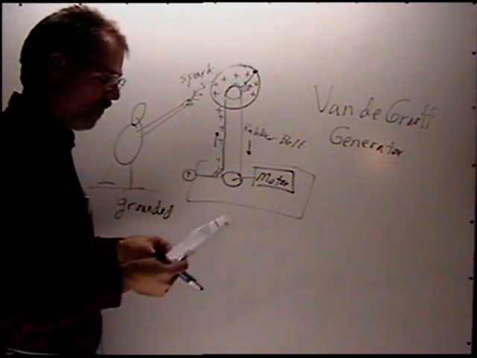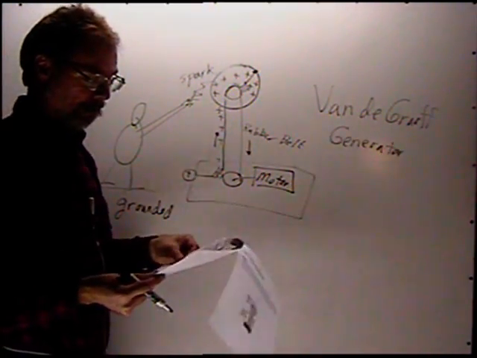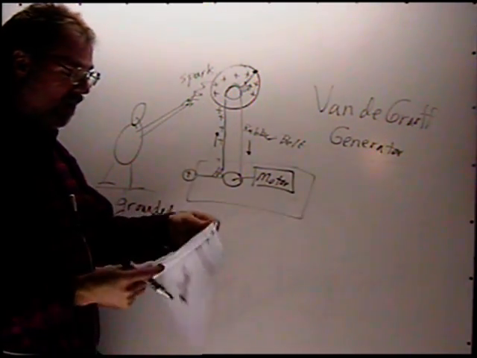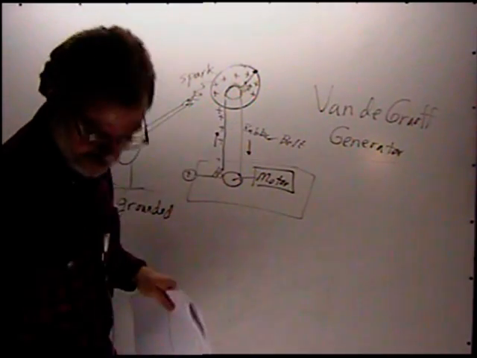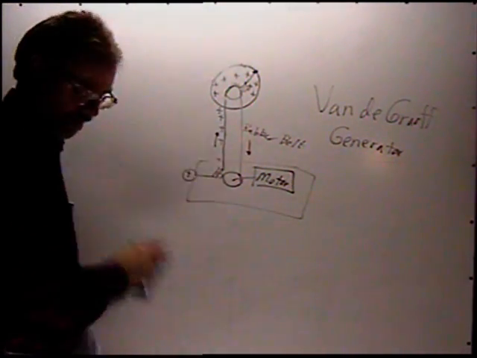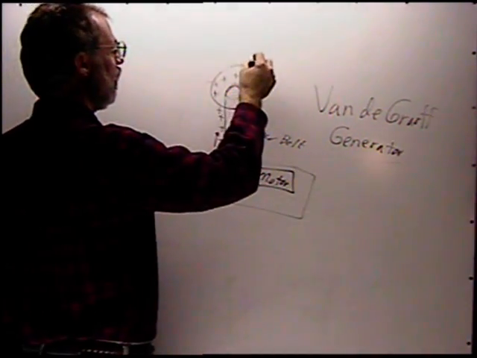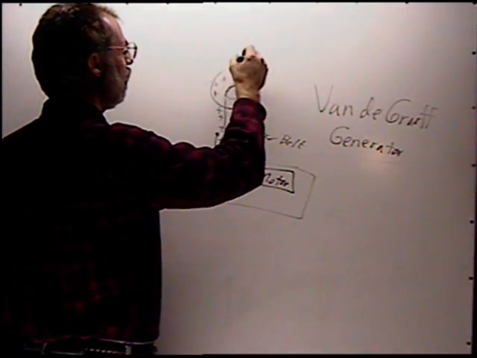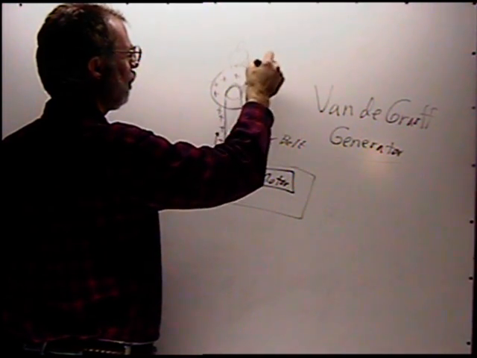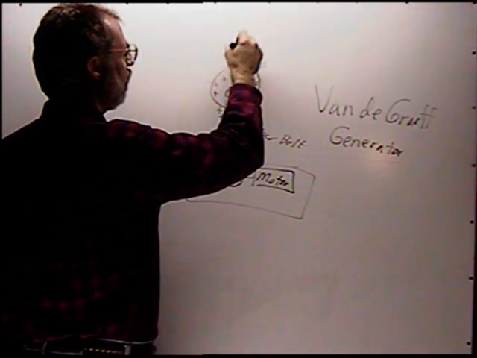Okay, so part of the experiment, if you look at page 9, one of the things we do is we set a Barbie doll right here. Someone has provided us a Barbie doll, and the Barbie doll has long hair.